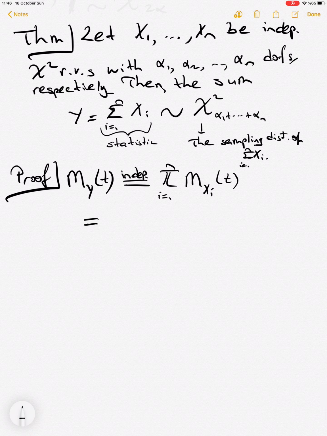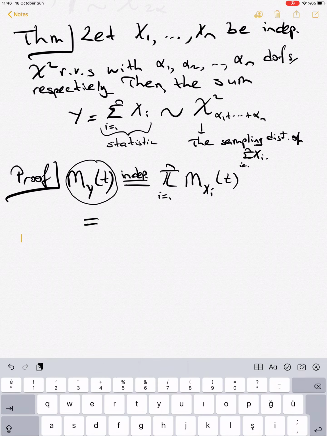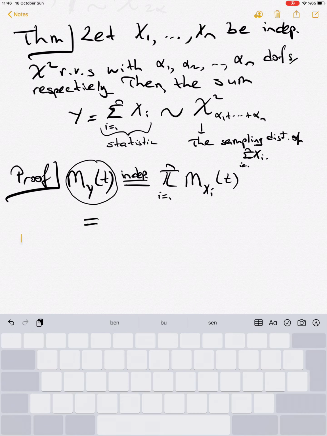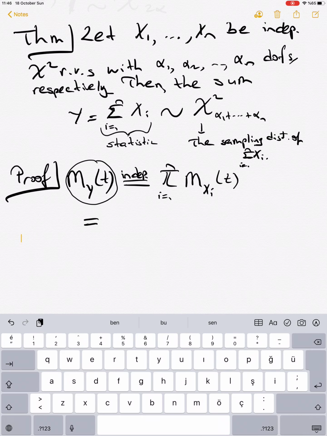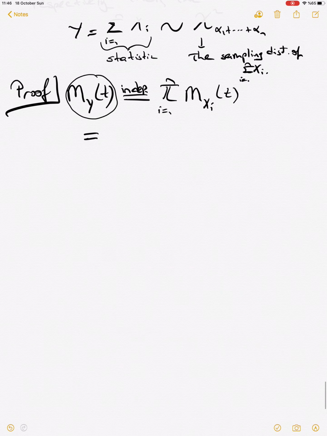Without that, you can use the definition of the moment generating function and write the moment generating function of Y as the expectation of e to the tY, and replace Y by summation Xi, and you will end up with the same formula. Actually, you don't have to memorize it if your memory is not good enough like mine.